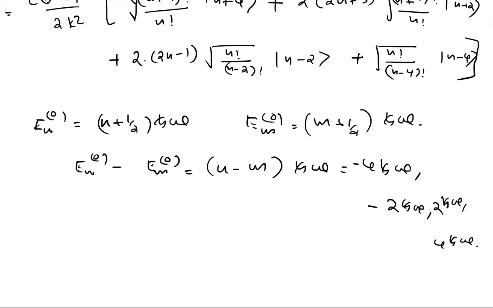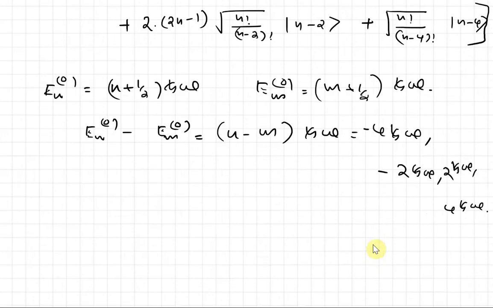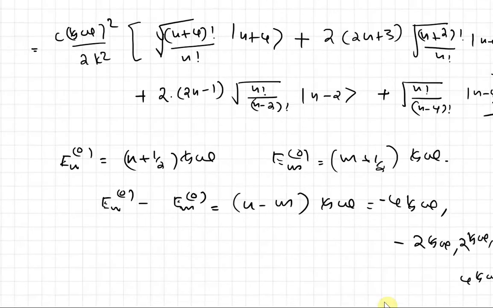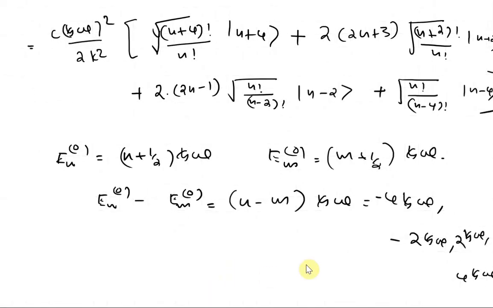So we'll write in that order. So the entire equation will become c h cross omega squared by, this 2 square is there, this is also having a square, 2 square.